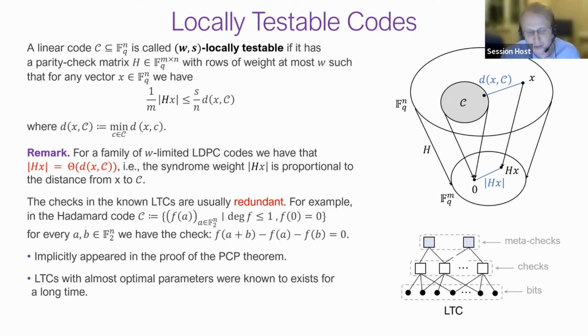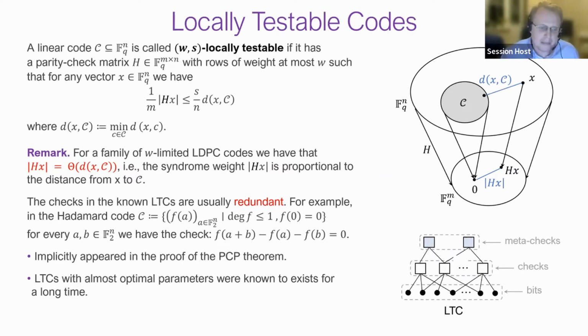Compared to quantum LDPC codes, locally testable codes with almost optimum parameters were known for a long time. So almost from the very beginning, people knew how to construct codes with almost optimal parameters.